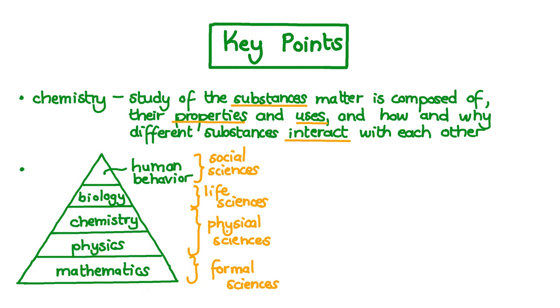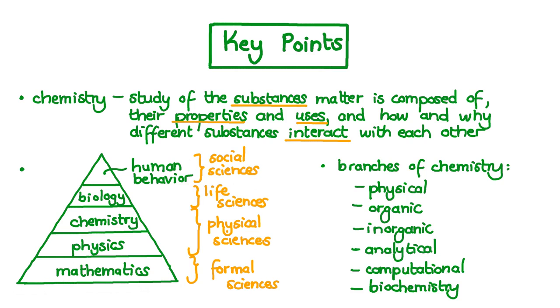We noted that though this pyramid is useful, it is difficult to show on it how the different branches of science interconnect and relate to each other. We learned that chemistry is all around us and that the branches of chemistry can be broadly categorized into physical chemistry, organic chemistry, inorganic chemistry, analytical chemistry, computational chemistry, and biochemistry.